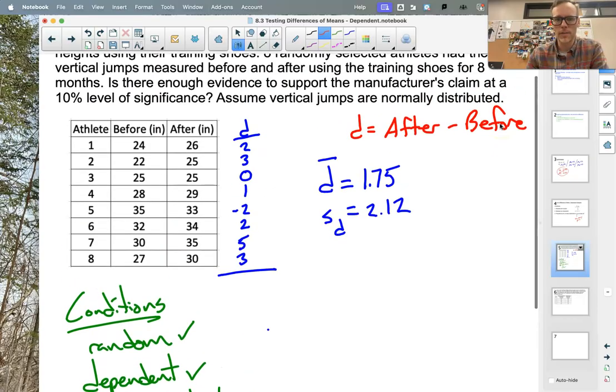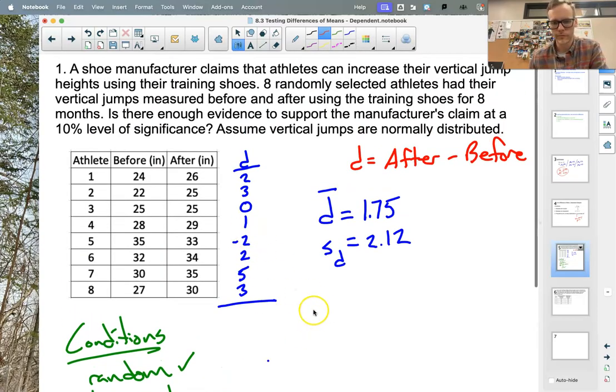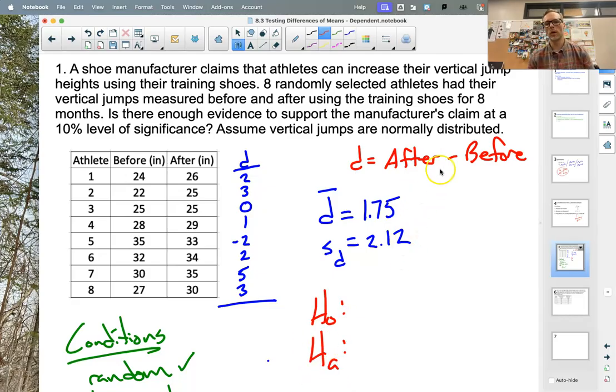Let's write our hypotheses. This is where we have to pay special attention to the order that we subtracted. Let's find the claim. A shoe manufacturer claims that athletes can increase their vertical jump.